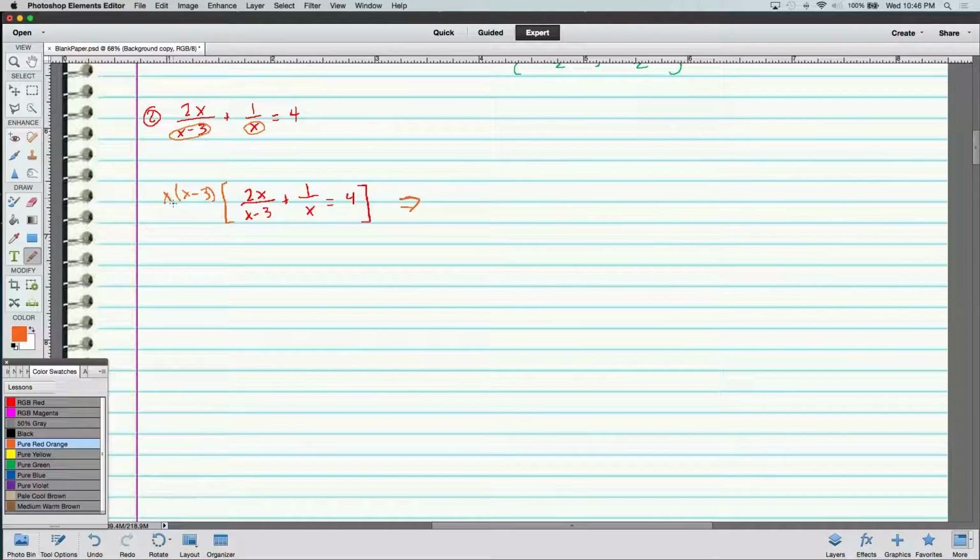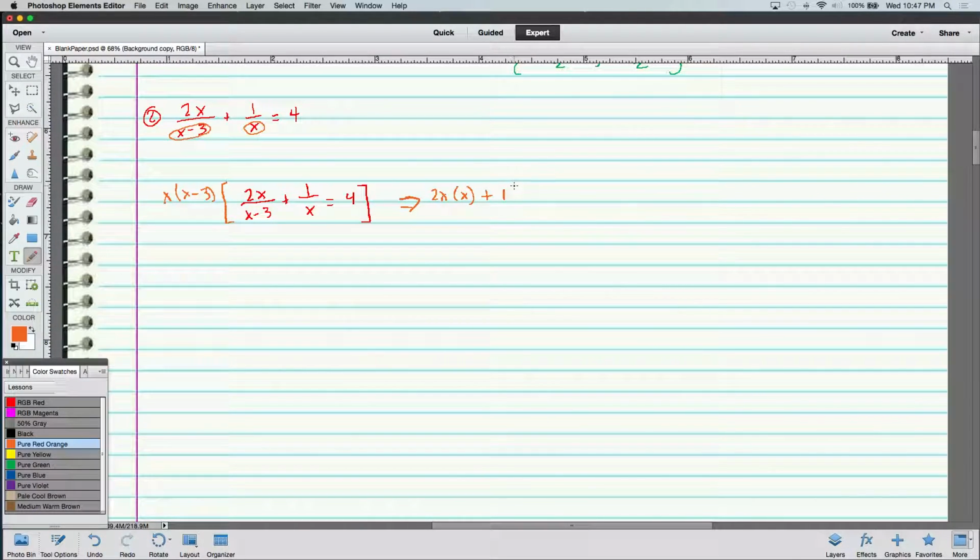And simplifying this, for our first one right here, we have an x minus 3 on top, x minus 3 on the bottom. So those two are going to cancel, and we're left with 2x times our x, which is still left out here, plus, now on the second one, the x's are going to cancel, x on top, x in the denominator.